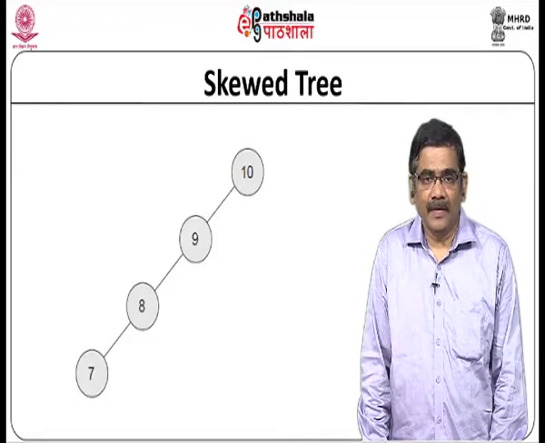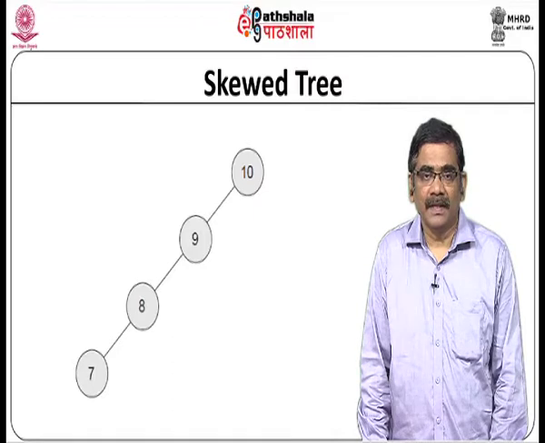So, nothing wrong with this particular tree, but this is skewed towards the left direction. In other words, this tree is not a balanced one. Therefore, to avoid this, there is a necessity to balance the tree.